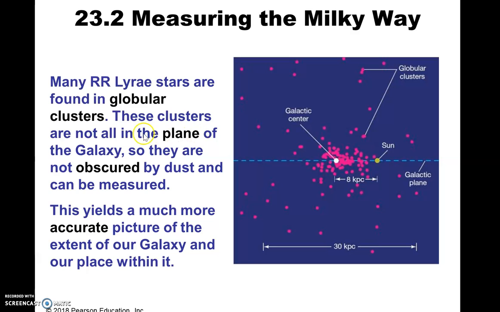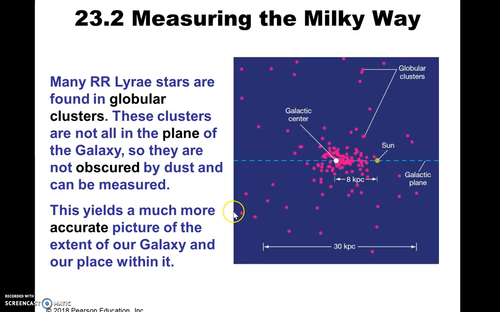Some of them have RR Lyra variables, and he used the fact that their absolute luminosity is roughly 100, then measured the apparent magnitude, and determined that these things were a long way away, like really far compared to some of these stars. I mean, they are thousands of parsecs away.